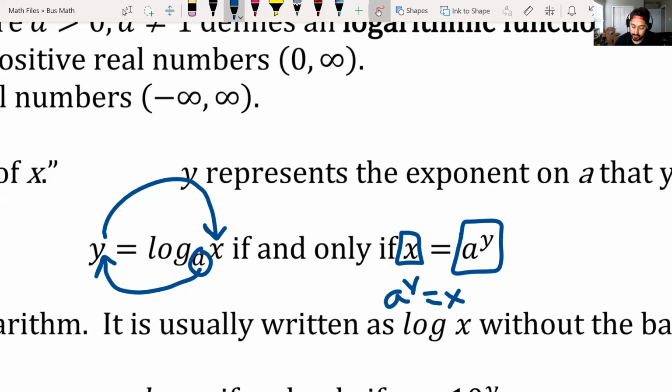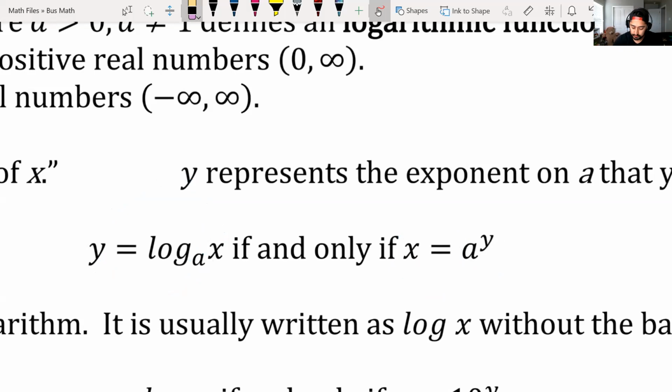So let's go over that one more time. To go from log to exponential, you take the base of the log, raise it to the outside number of y, whatever that number is, that gives you a to the y.